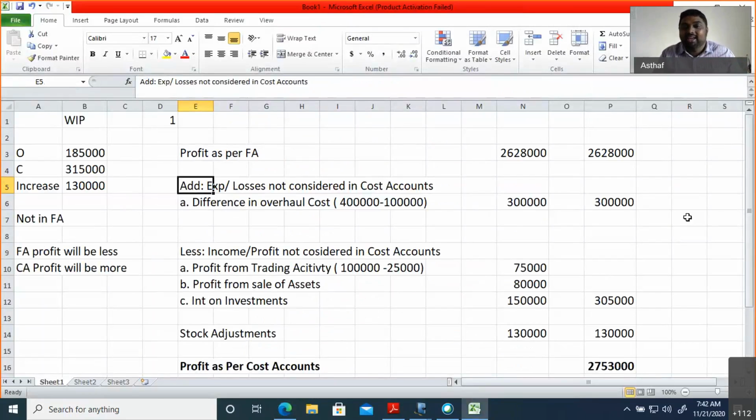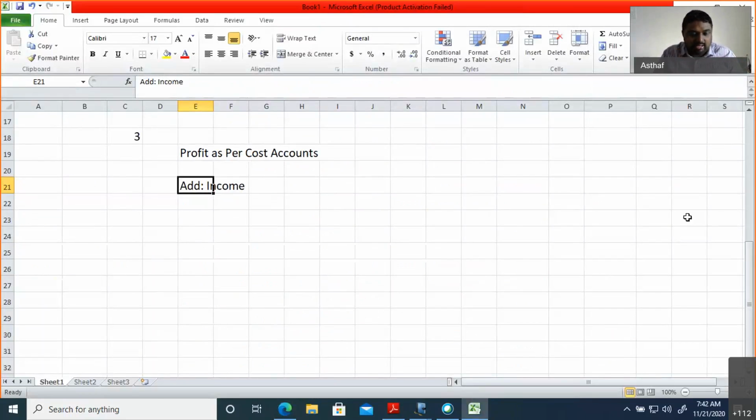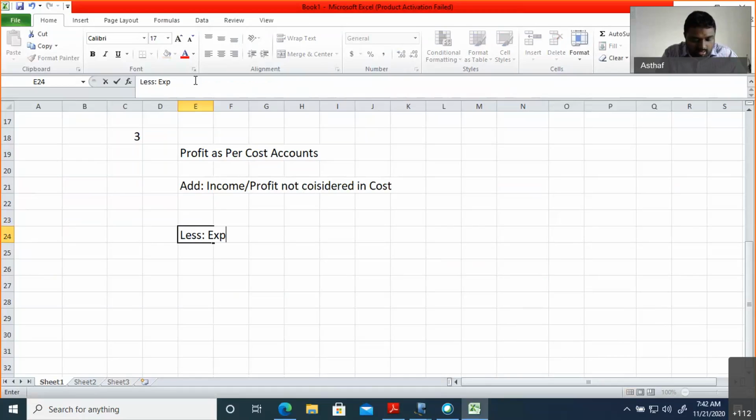So here expenses not considered, that has to become the opposite. So income or profit not considered in cost. Here less will come what? The expenses or losses.